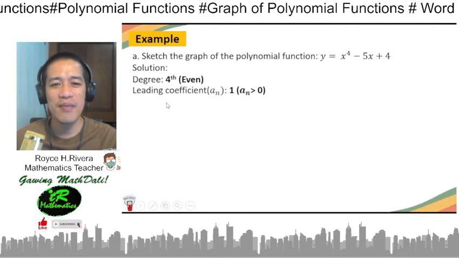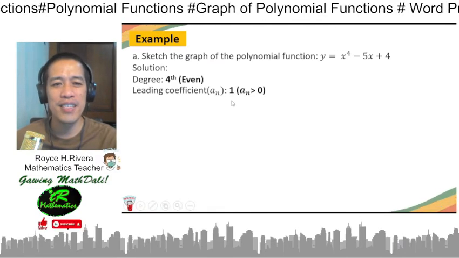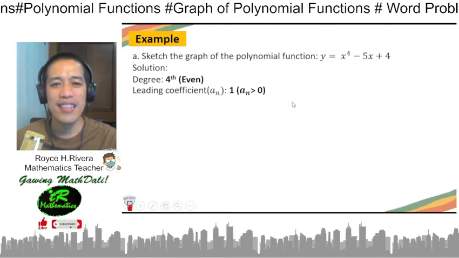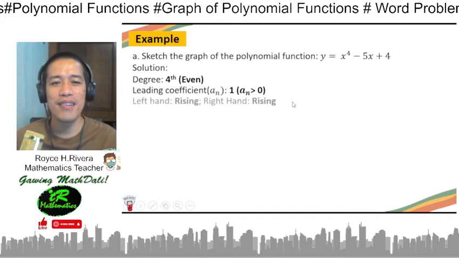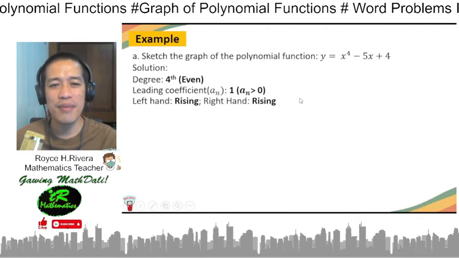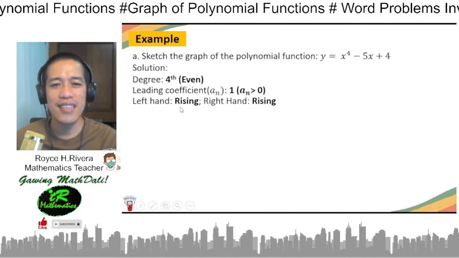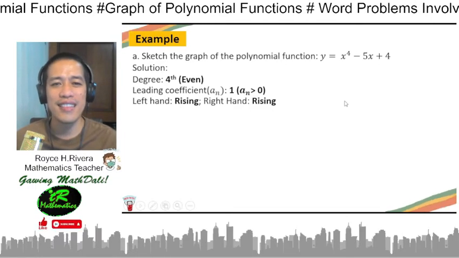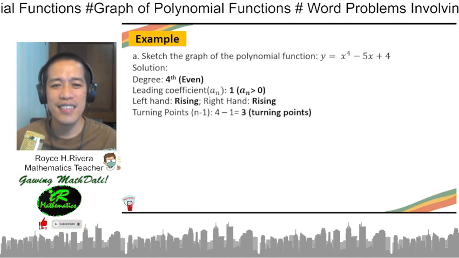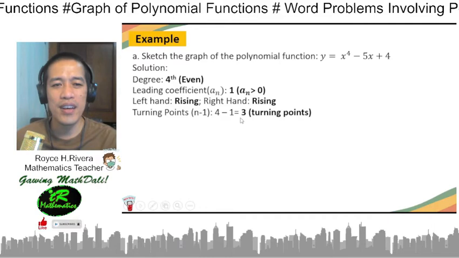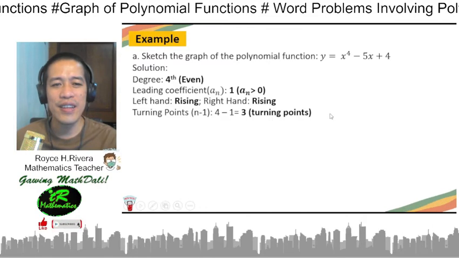The leading coefficient of the polynomial function is 1, so that is greater than 0 or a positive number. So the graph will be rising to the left and rising to the right. So it will be having 4 minus 1, 3 turning points.